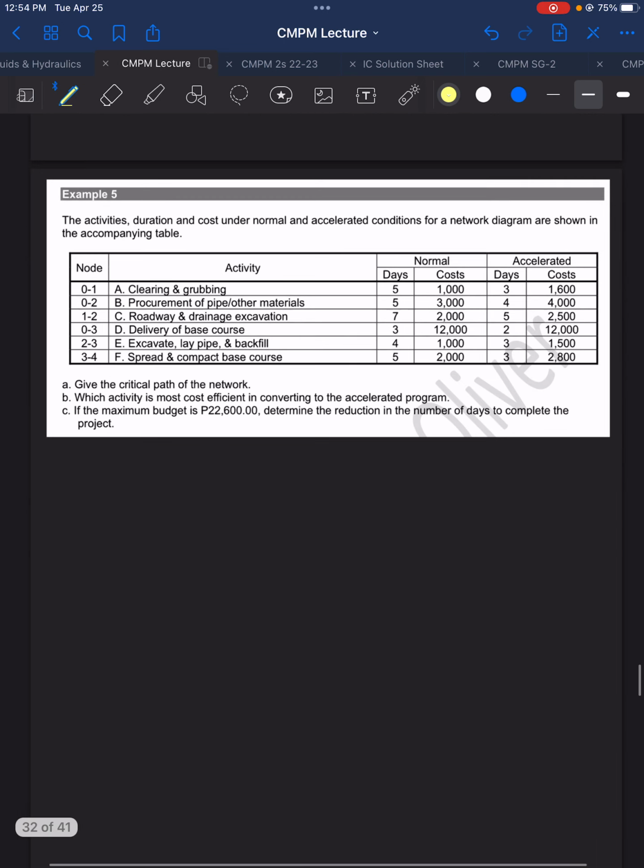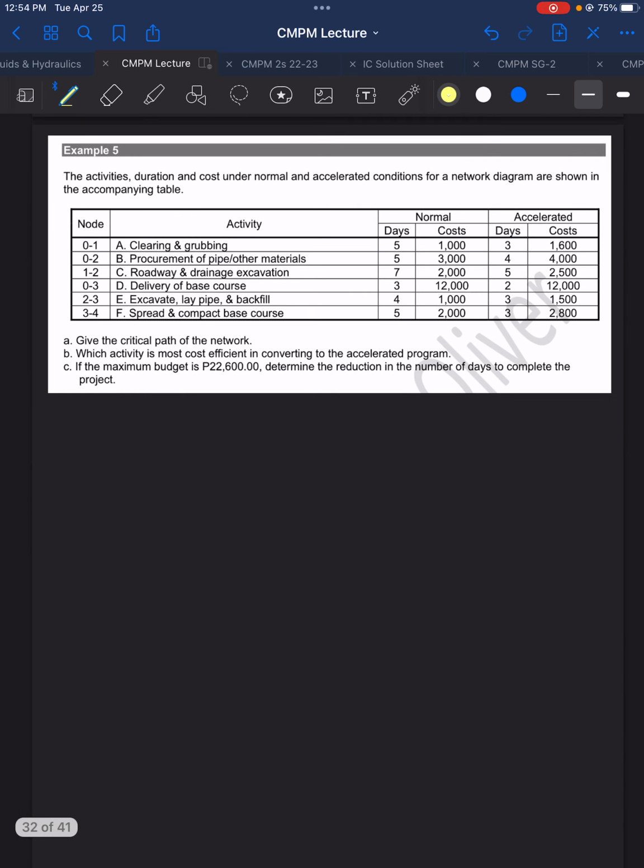Alright, so let's go to example number 5. So the activities, duration, and cost under normal and accelerated conditions for a network diagram are shown in the accompanying table. So we have here the normal cost and the accelerated cost. What do you mean by the normal cost and accelerated cost? For normal cost, it is based on the normal activity and normal budget of the project.